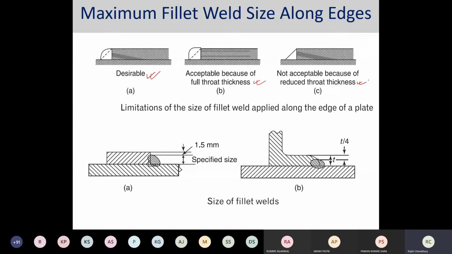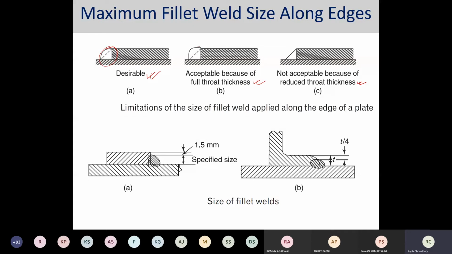The physical relevance is not to bring in stress concentration features during the welding process. So the first one is the process provided here, which is the most desirable way to make the welding.